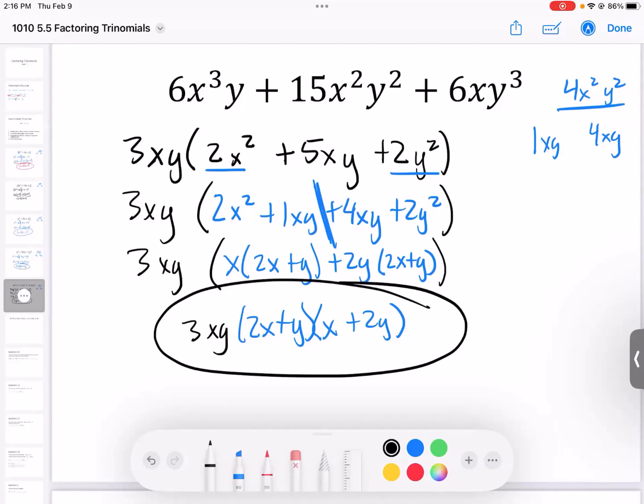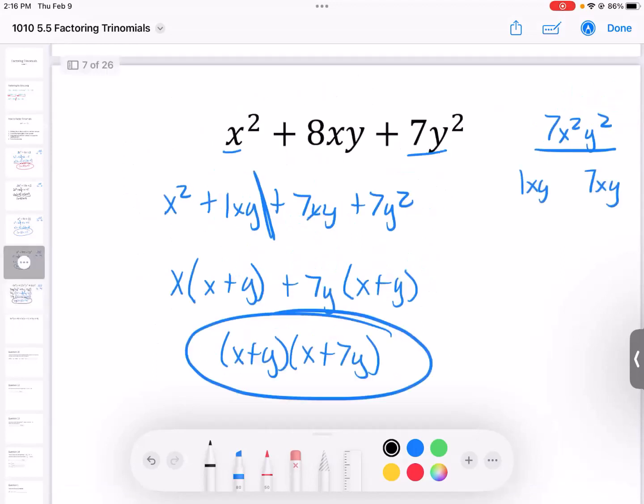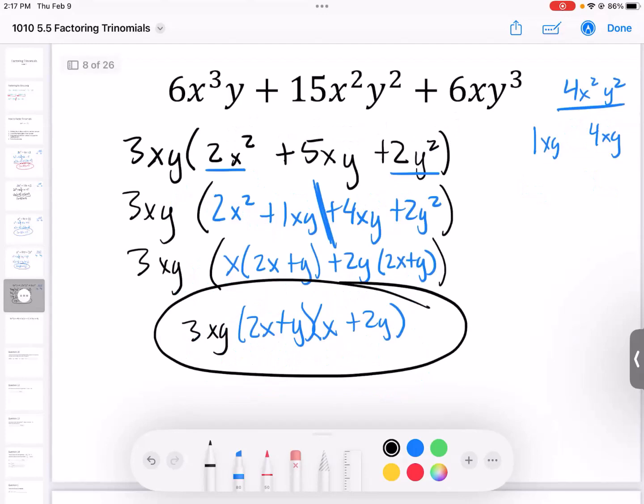Yeah, I'm just talking about like the last problem we had with trinomials, we didn't do the 3x on one side. Yep. So on the last problem, the reason we didn't was because these three terms didn't have anything in common. Okay, so if they do have something in common, then... Yeah, so if they all have the same thing in common, then you can factor that out first and then do the trinomial step. Yeah, good question. Any other questions?